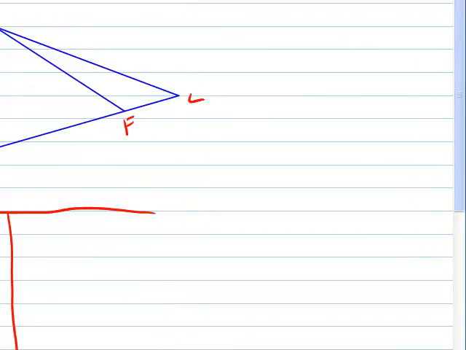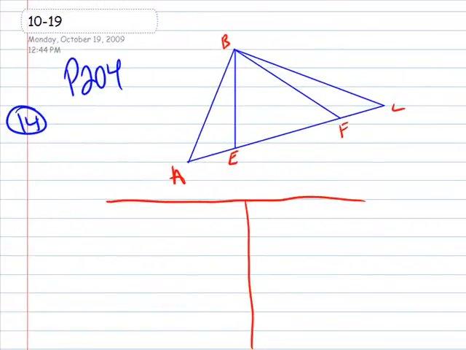Okay, so for 14, we are given some things. We are given that AE is the same as FC. AE, FC. We are given that AB is the same as BC. AB, BC.